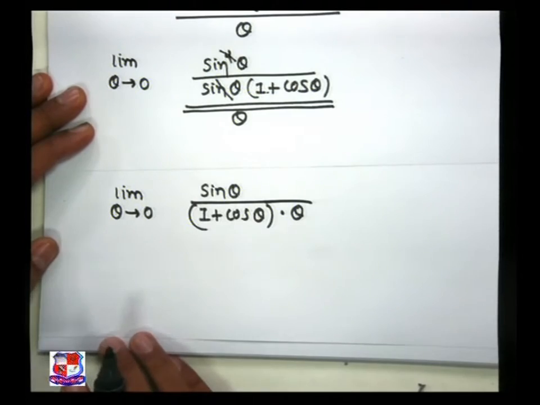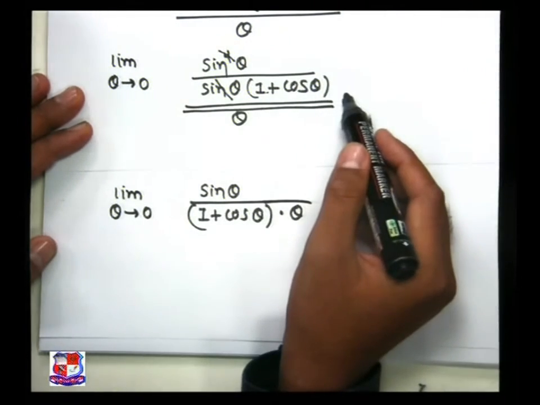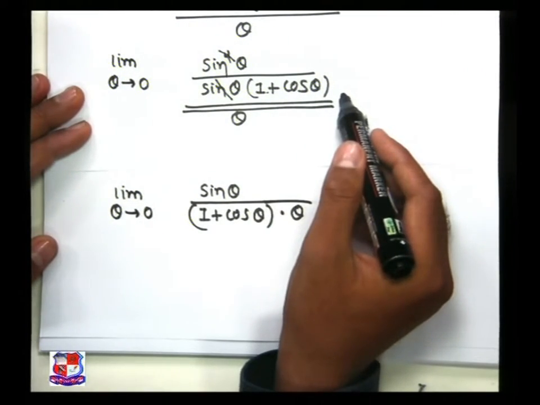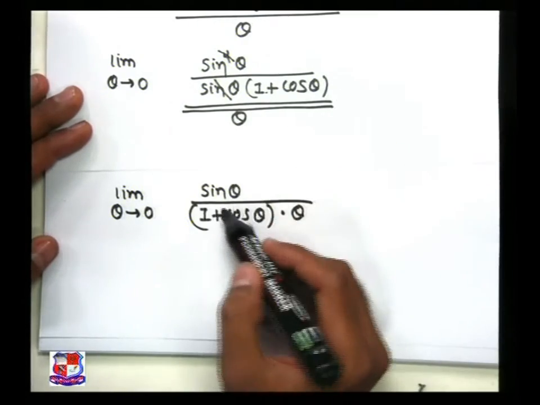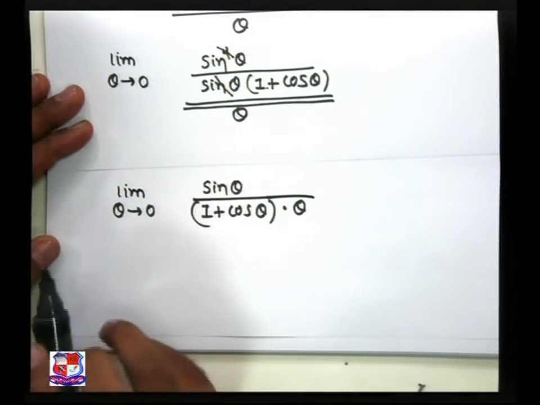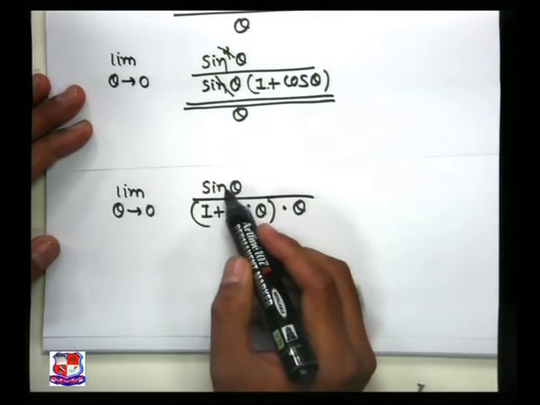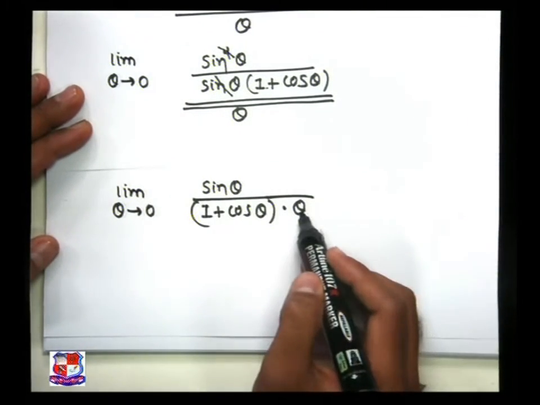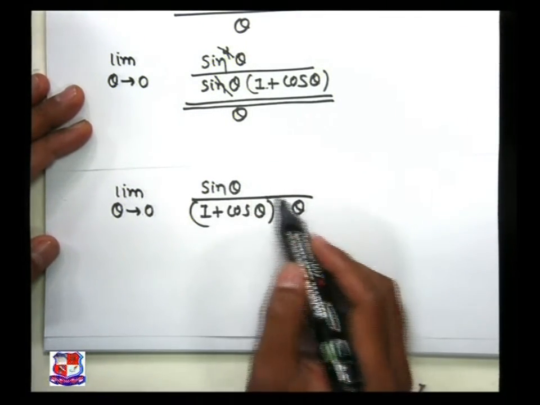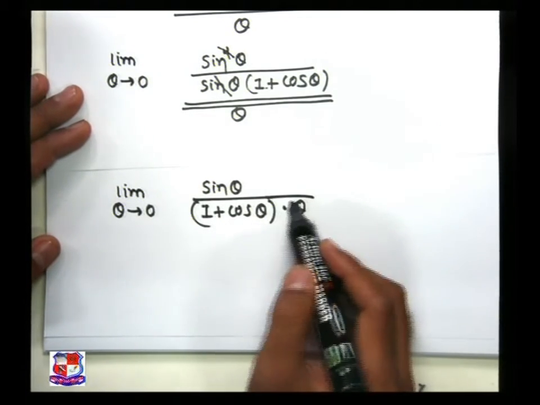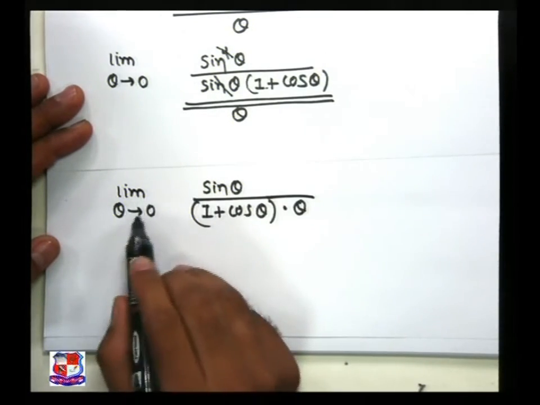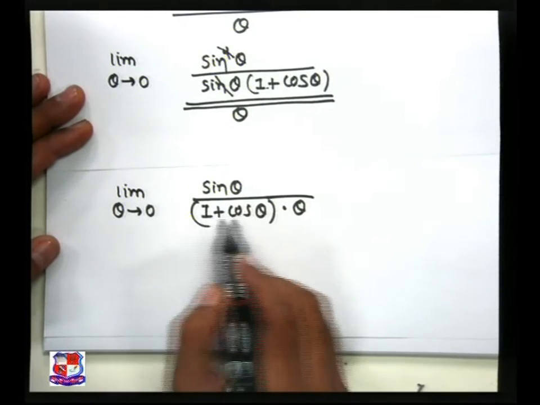This is nothing but the simplification of the numerator's denominator. Now the next step is to apply the rule again: check sin theta upon theta, which matches the criteria for our base formula, and the remaining value is limit theta tends to 0, 1 upon 1 plus cos theta.